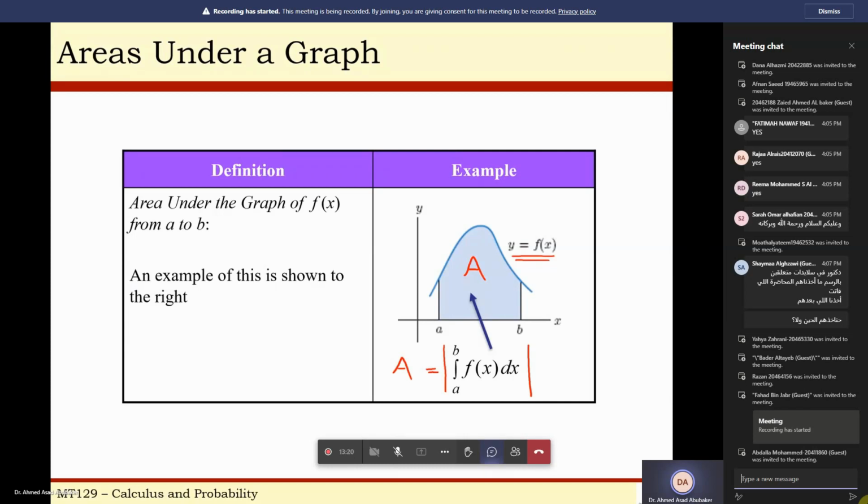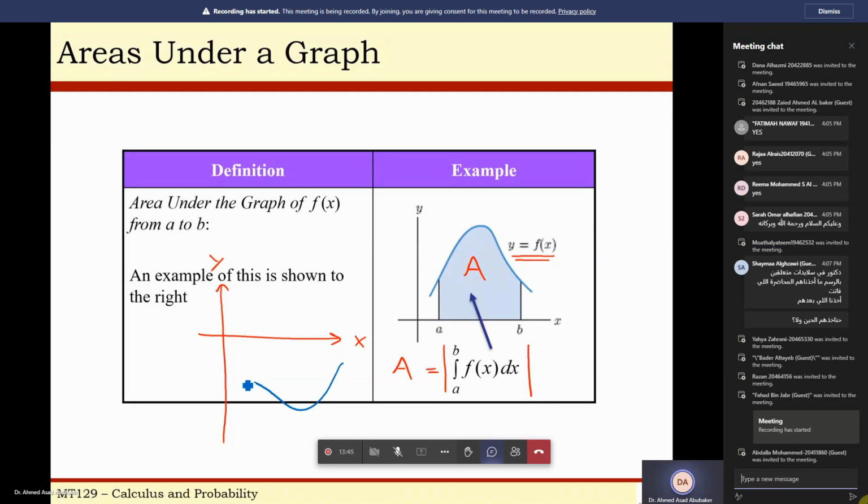If we have the curve above the x-axis, we have positive integration and positive area. But for example, if we have a graph like this, this is the x-axis, this is y, and we have the function under the x-axis like this. This is f of x.